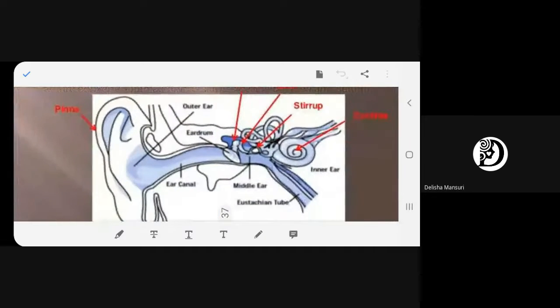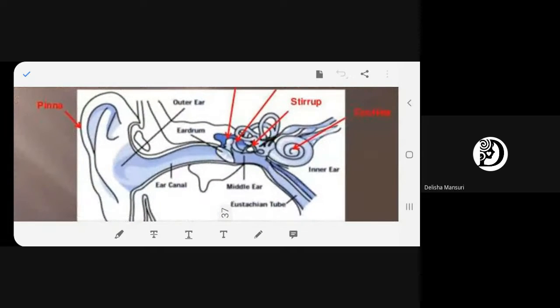Look over here. This is the pinna, I told you, the outer ear, right? Second, we have the ear canal where the sound travels. Then we have the eardrum which is vibrating.